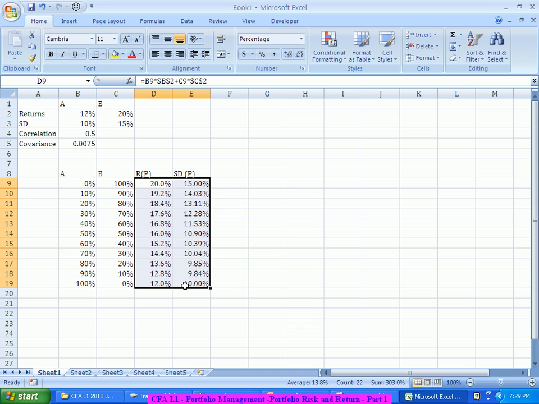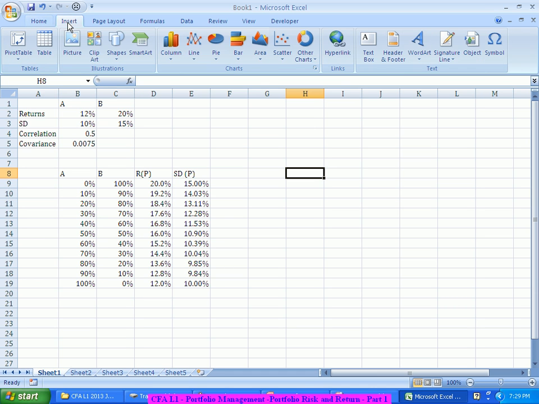In reality, every quarter percent also will have a big impact. So I want to plot one simple graph with risk, which is standard deviation, on the x-axis, and return of the portfolio on the y-axis. Let me just try to plot that graph.